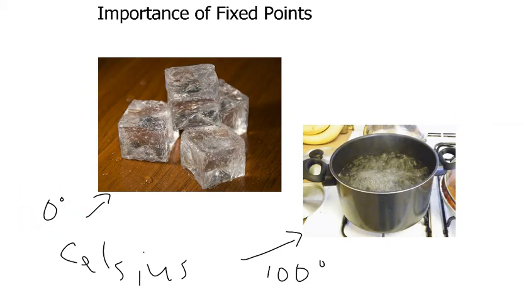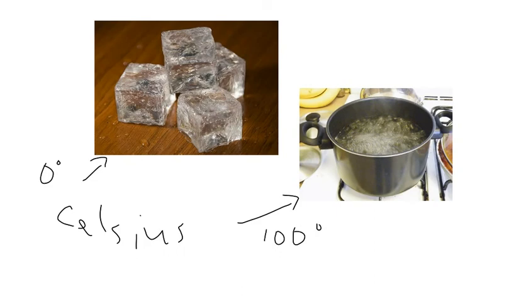Steam could be at a lot of temperatures if it's under pressure in a container, and it can be more than 100 degrees. But if ice is in the process of melting and water is in the process of boiling, then you know what temperature those are. So we can use these temperatures, called fixed points, in order to set a scale.